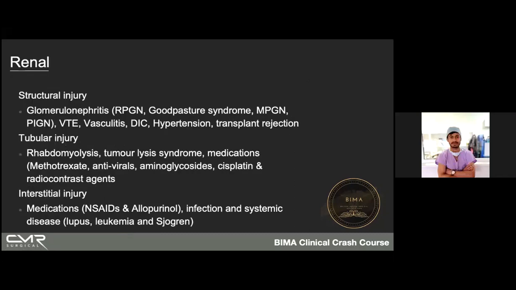So as I've said, intrinsic AKI or renal causes of AKI can vary from structural injuries to tubular injuries, all the way to interstitial injuries. We've just got a question, so I'll answer this as well. Just to confirm, it is the dosage of the gentamicin which makes it yes.